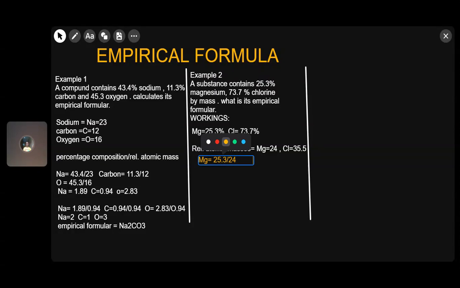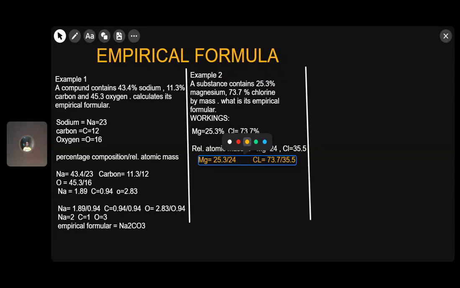For chlorine, the percentage composition is 73.7 all over the relative atomic mass, which is 35.5.